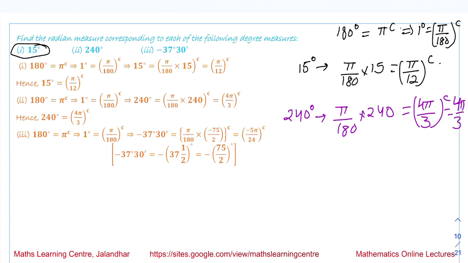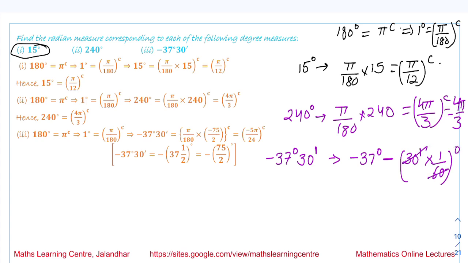Next we have minus 37 degree and 30 minutes. So first of all we are converting this value into degrees. So we obtain minus 37 degree minus 30 minutes into 1 by 60 degree.